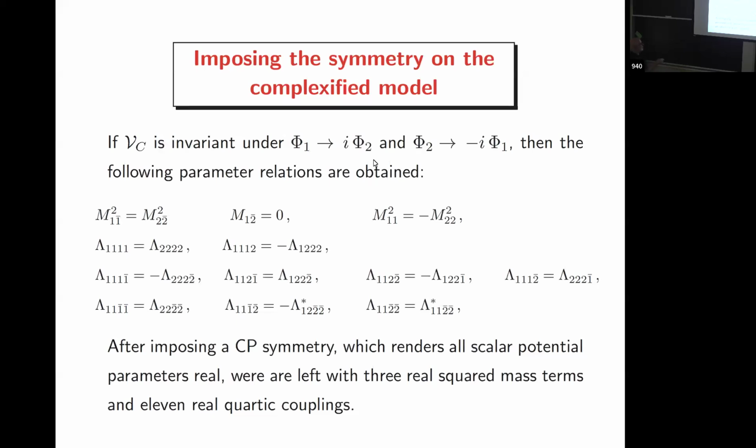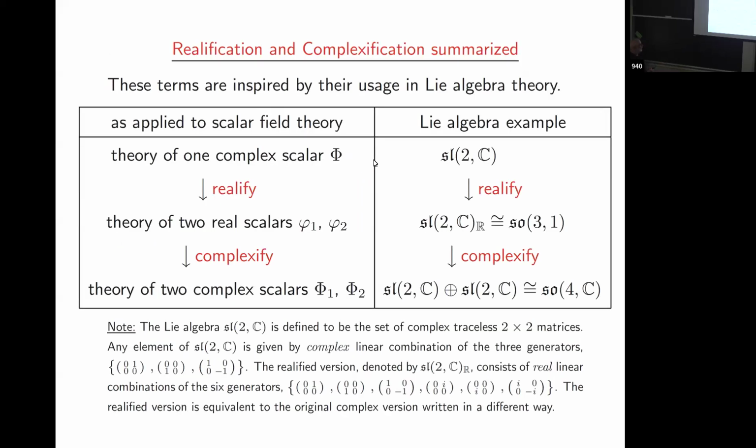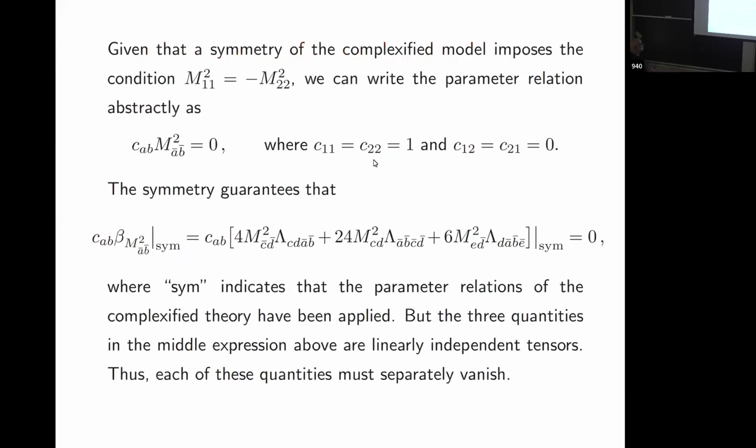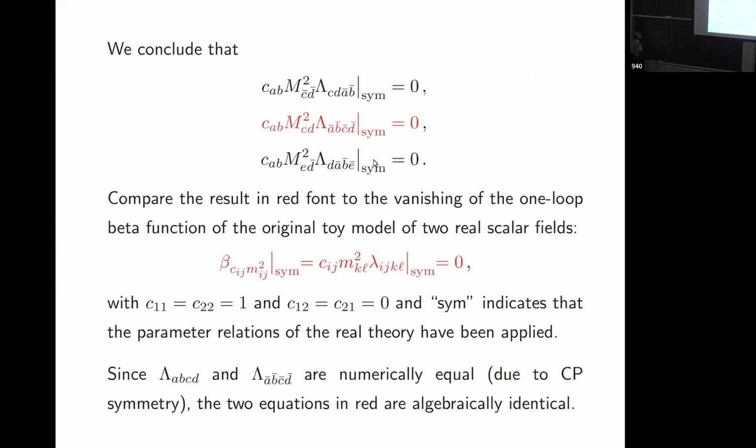I understand. Those are the things I'm putting on the right-hand side of those beta function equations when I evaluate them. And so, as I said, when I do that, each one of these terms is separately 0. So here I've written the 3 equations.